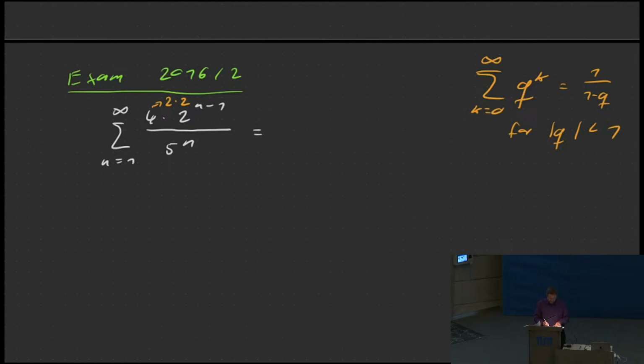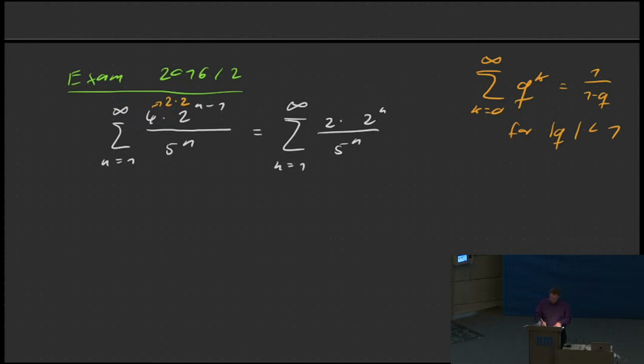And we can just take one of those 2's and include it here. Right? So 2 times 2 to the power of n-1 is 2 to the power of n. So what we do is we write this as sum from 1 to infinity, 2 times 2 to the power of n over 5 to the power of n.